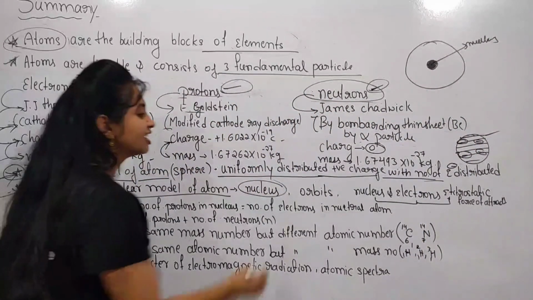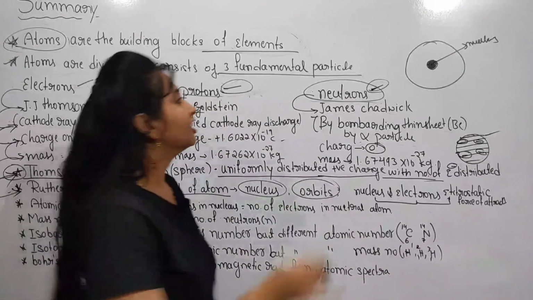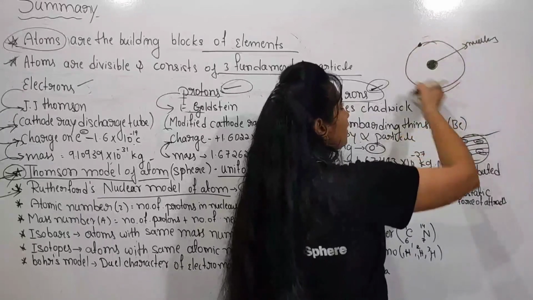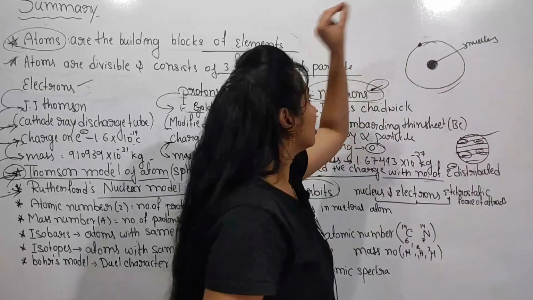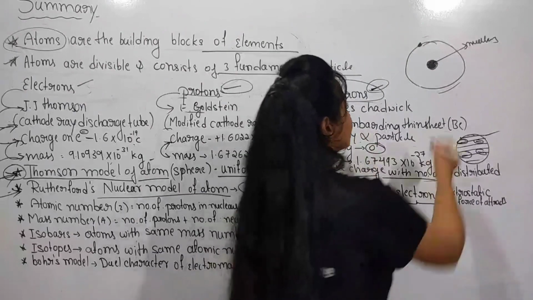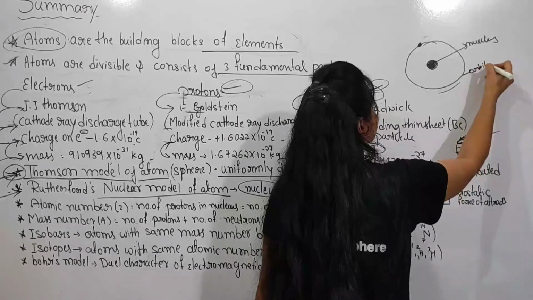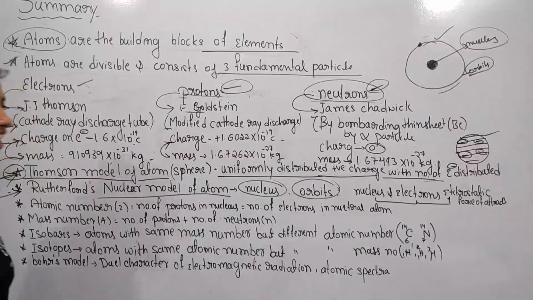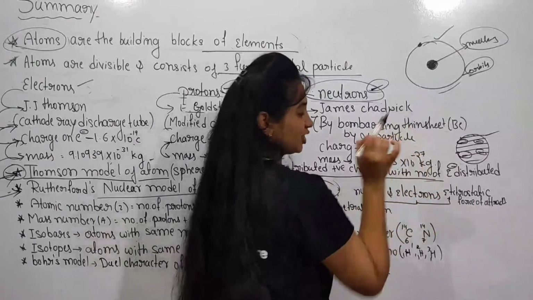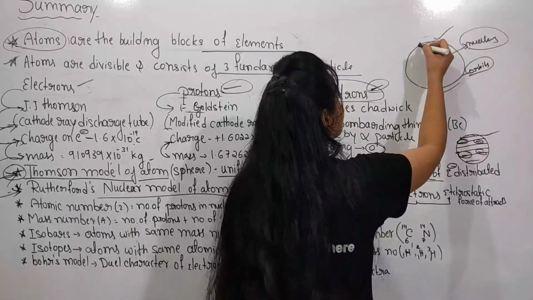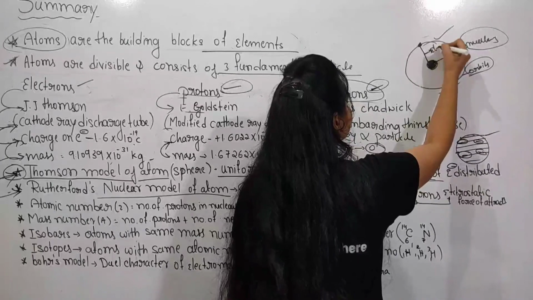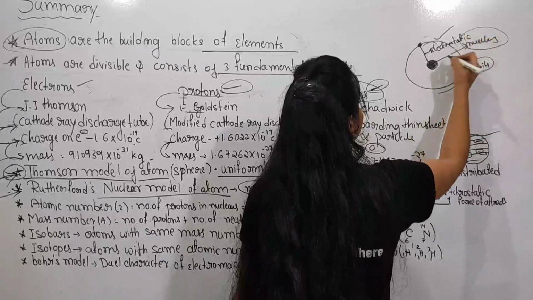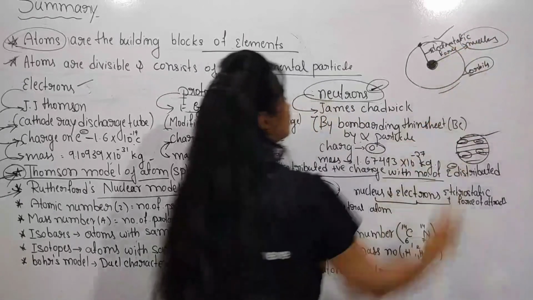And next, he says about the orbits, meaning the electrons revolve around the nucleus in a certain circular path. So these paths are called orbits. The atom exists like this, he tells us. Next, the nucleus and electrons are held together with the help of the electrostatic force of attraction.